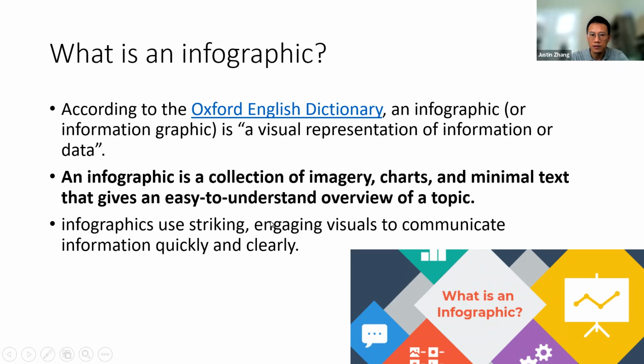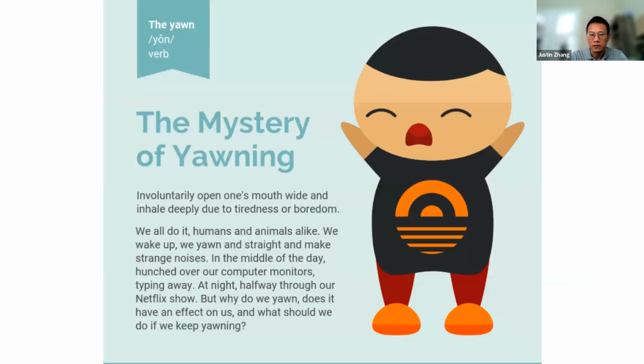An infographic is a collection of images, charts, and minimal text that gives an easy to understand overview of a topic. So it's a special type of data visualization that uses striking, engaging visuals to communicate information quickly and clearly to the audience. Here is an example based on the topic of yawning.